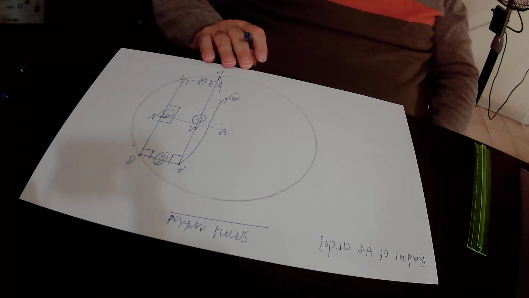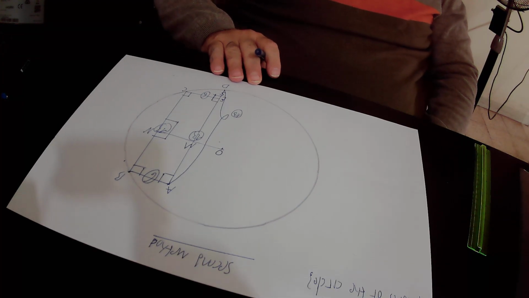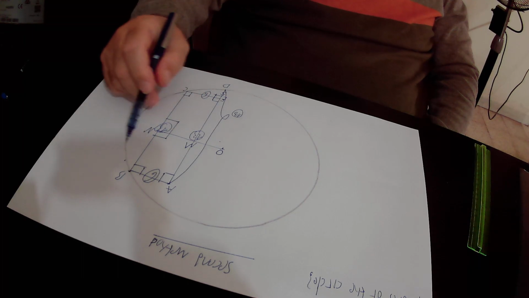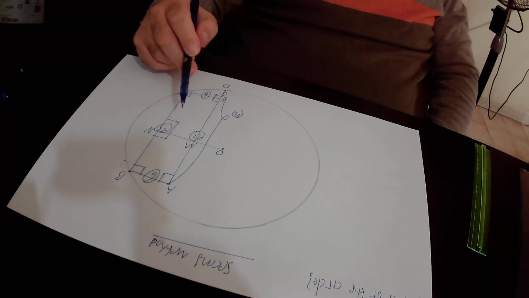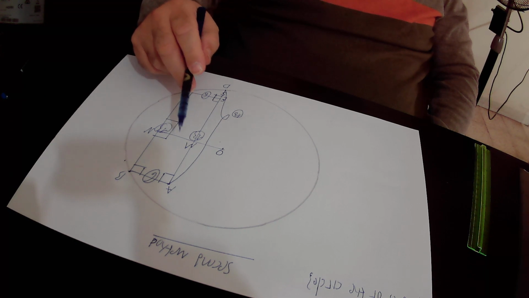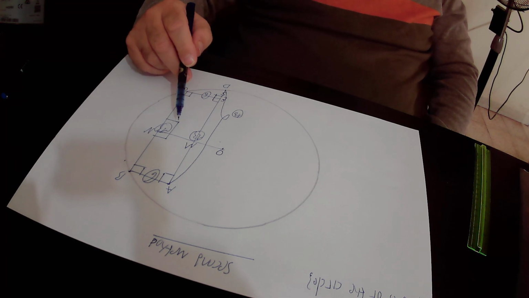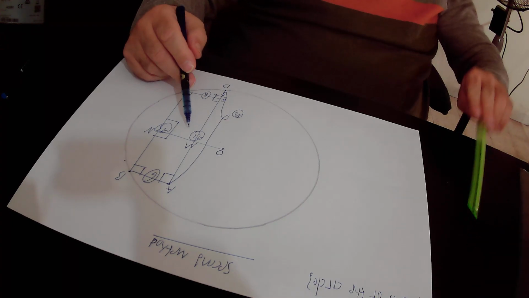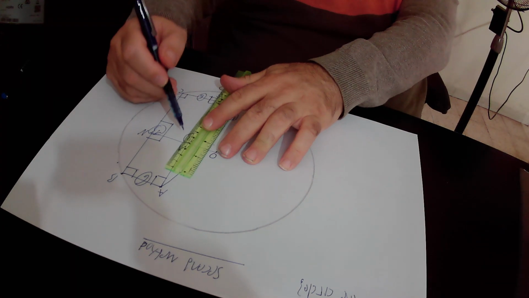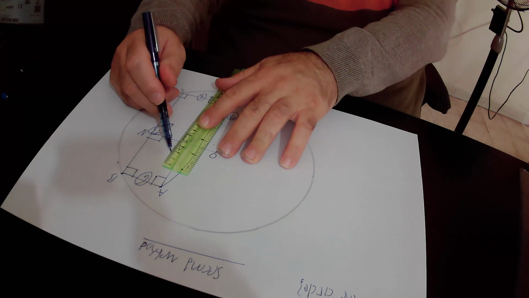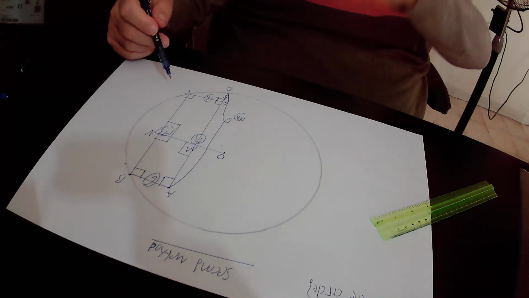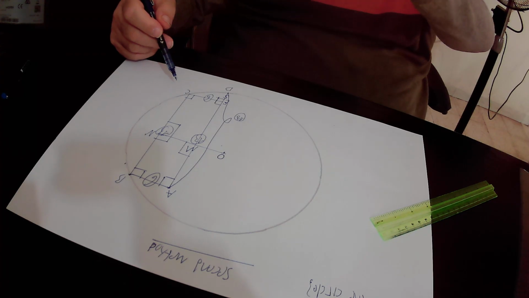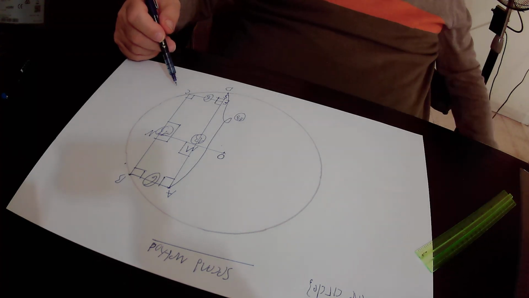In the next step, we will focus on quadrilateral ABMN. Inside quadrilateral ABMN, the upper quadrilateral, we have 1, 2, 3 right angles. Therefore, the fourth angle must also equal 90 degrees. So inside quadrilateral ABMN, we have 4 right angles. Therefore, quadrilateral ABMN is a rectangle.